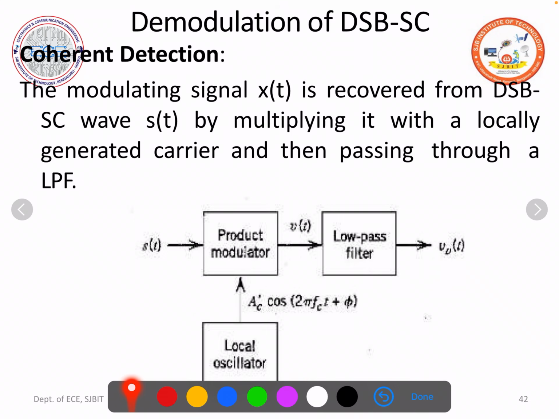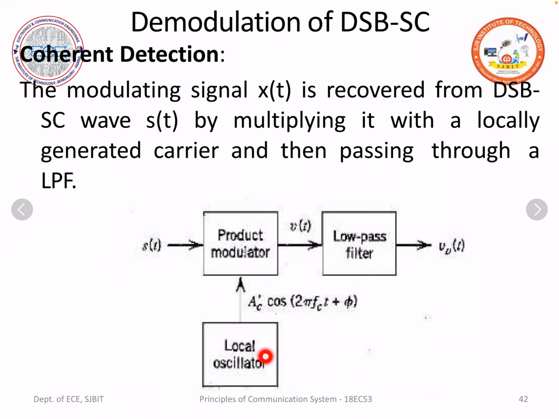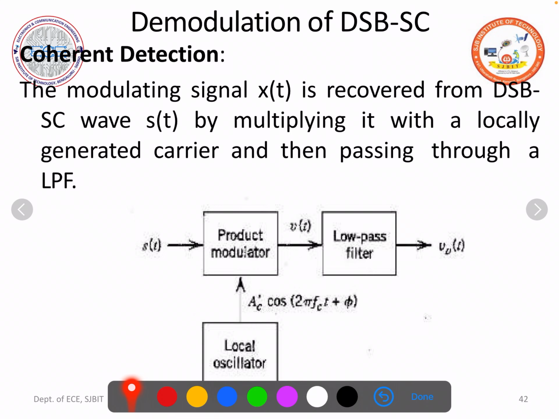The DSBSC wave s of t is applied to a product modulator in which s of t is multiplied with the locally generated carrier wave having the signal cos of 2 pi fct plus phi. After the multiplication, the result is passed through the low pass filter. This method of detection we call coherent detection, or synchronous detection.